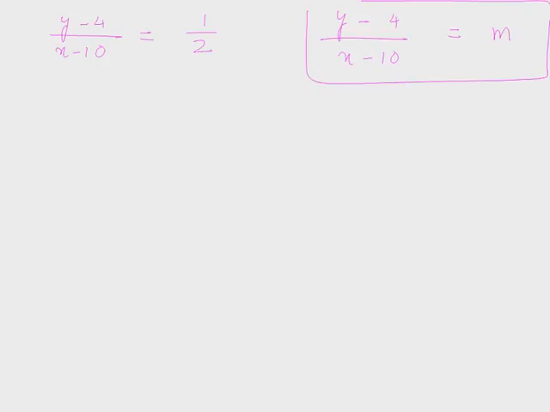Let's write it again. y minus 4 over x minus 10 is half. In general, it would be y minus some point, over x minus that point, equal to slope. This slope would be calculated using 2 points.